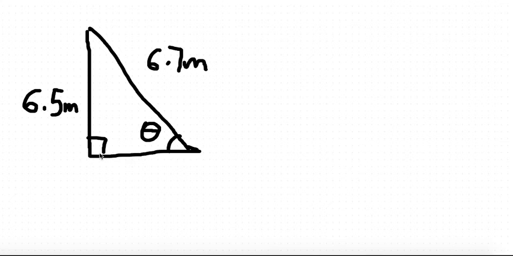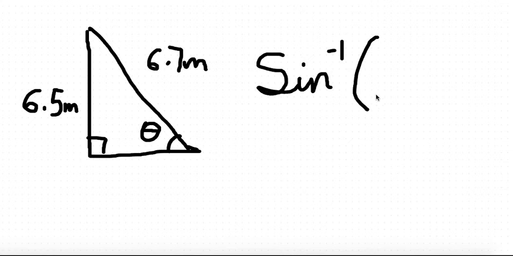Now, to solve this angle, you need to use the sine ratio, because it gives you the opposite and the hypotenuse lengths. We'll use the sine inverse to find the actual angle measurement. So you put the opposite length, 6.5 meters, over the hypotenuse length, 6.7 meters.